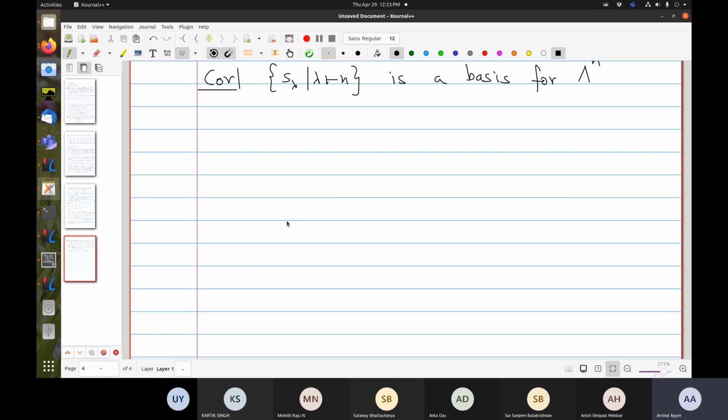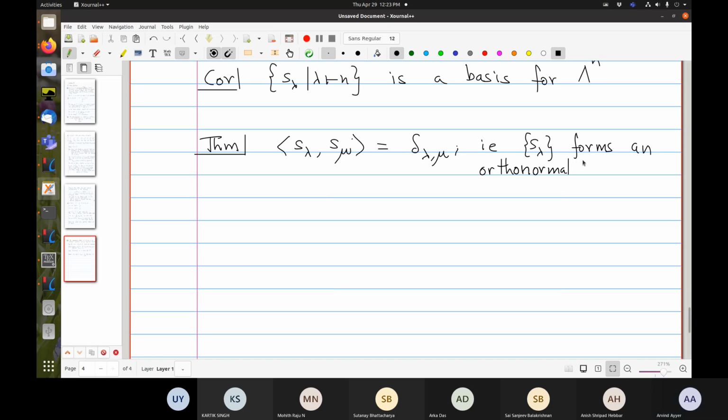So this is a theorem that the scalar product of S lambda and S mu is delta lambda mu, i.e. S lambda forms an orthonormal basis for lambda. Okay, so in some sense they are the nicest basis.